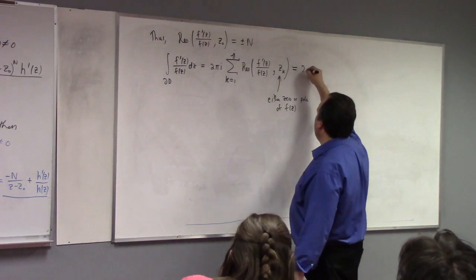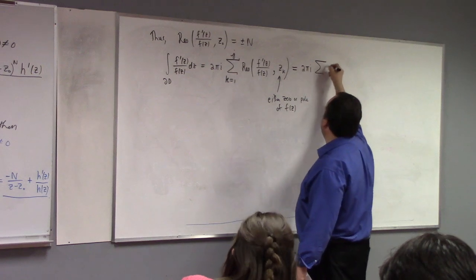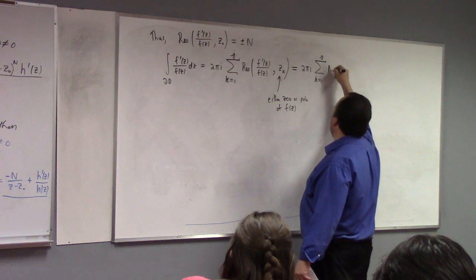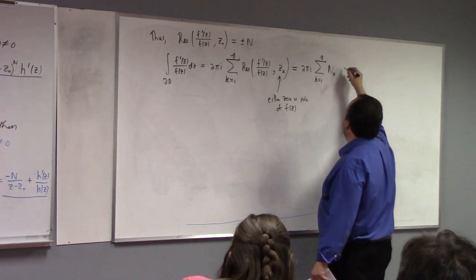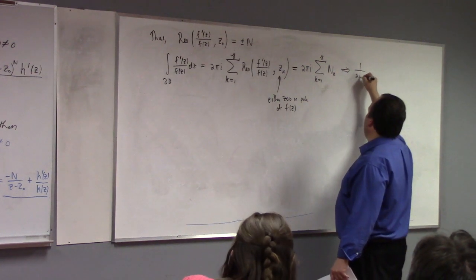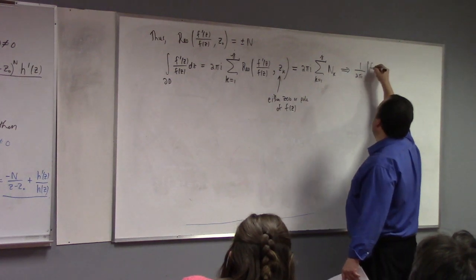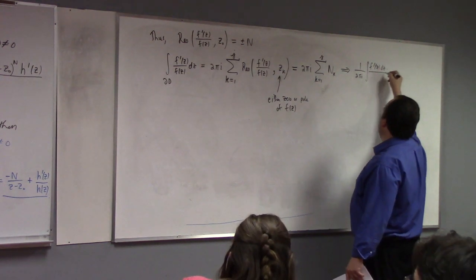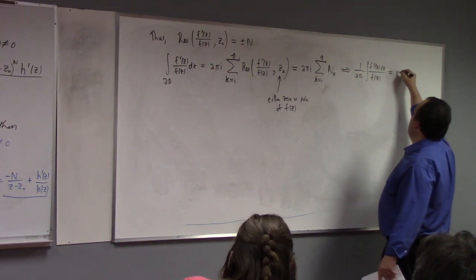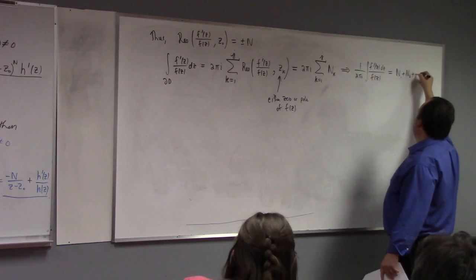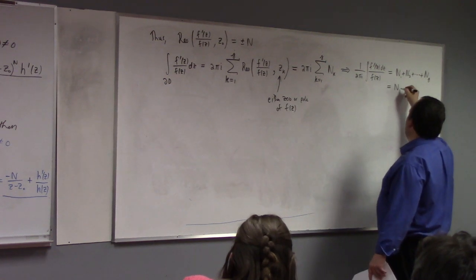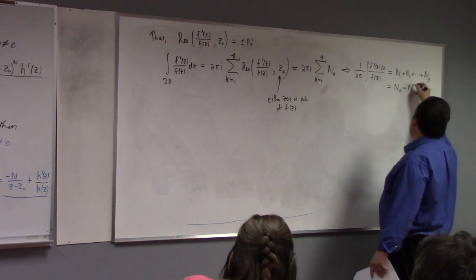And so what this is, is 2 pi i times the sum over k equals 1 to j of n sub k, right? So therefore, 1 over 2 pi i times the integral of f prime of z dz over f of z is equal to n1 plus n2 plus n sub, however many there are, which of course is exactly what we mean by n sub 0 minus n sub infinity.